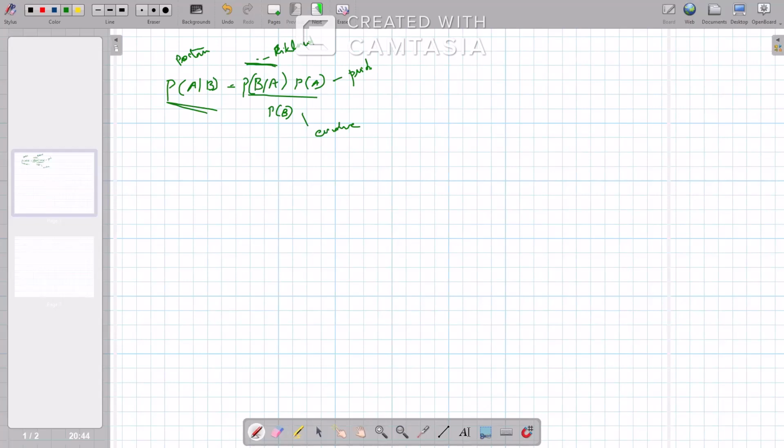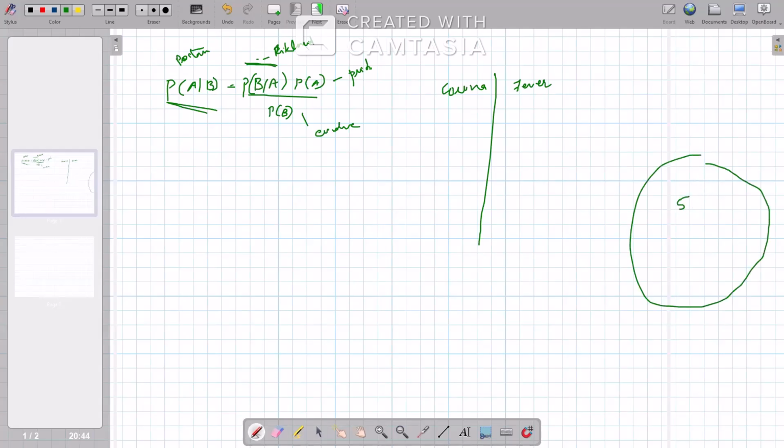See, corona is there and fever is there, right? So there are 50 people in the hospital, and among those 50 people, 8 of them have corona symptoms.